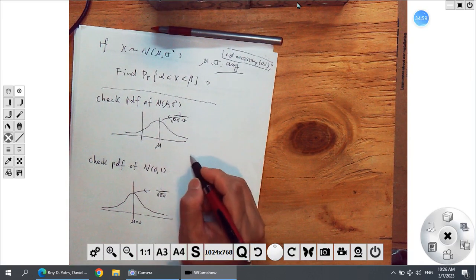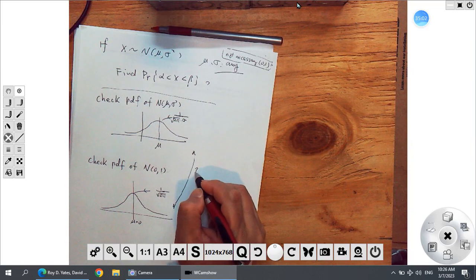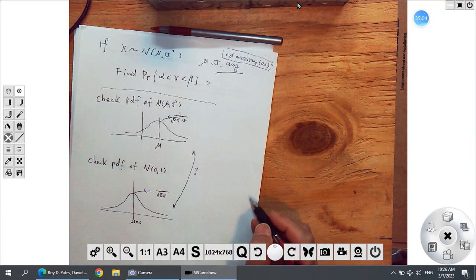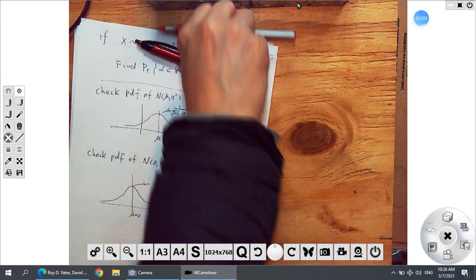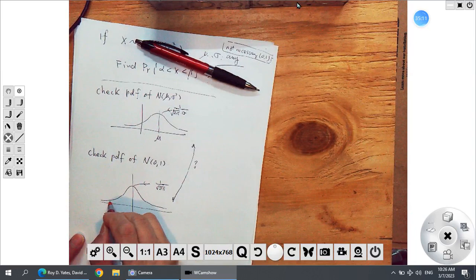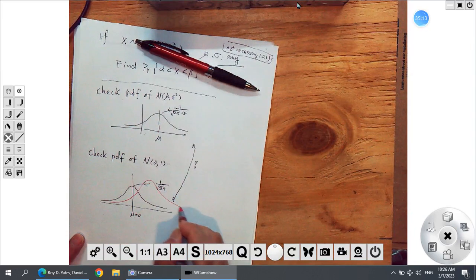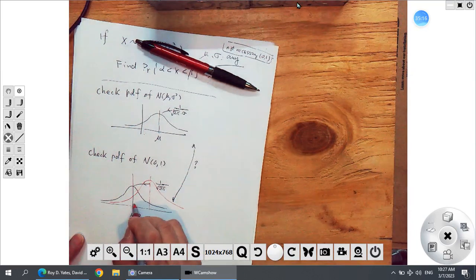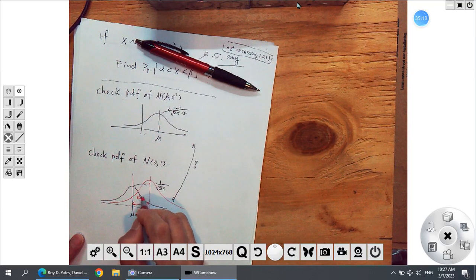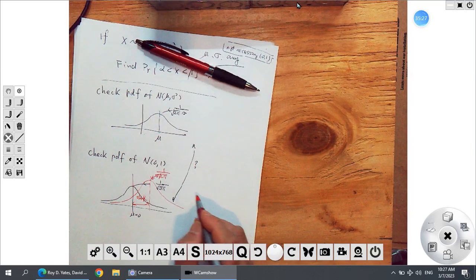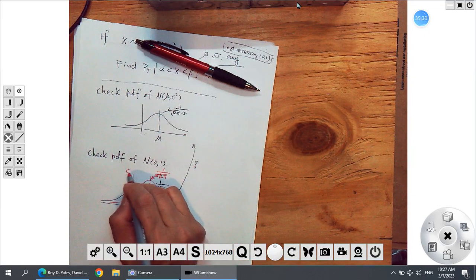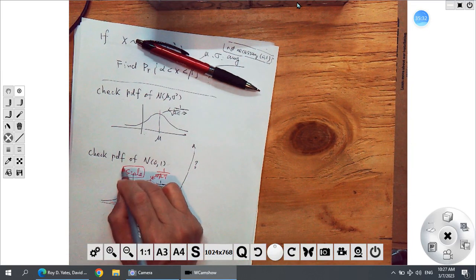Then what is the relation between these two? You see, we have a shift, and from here to here, this is a scale. This is the square root of 2 pi times sigma. So this is a scale along this direction.